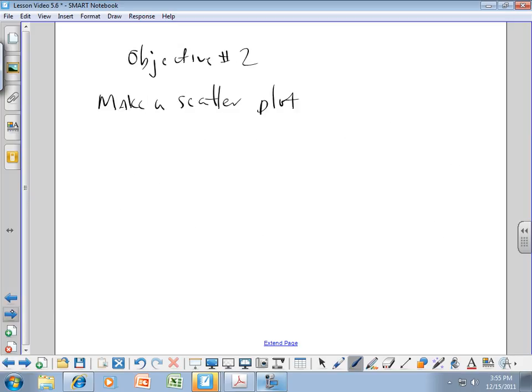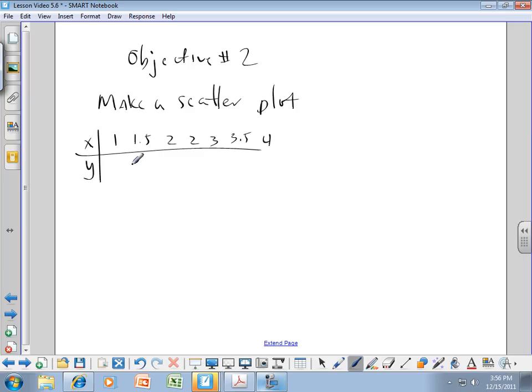All right. Well, I just kind of made those scatter plots up. You're probably going to have to make some scatter plots today. And what's going to happen is you're going to be given like an XY chart. You're going to be given some ordered pairs, basically, like this.